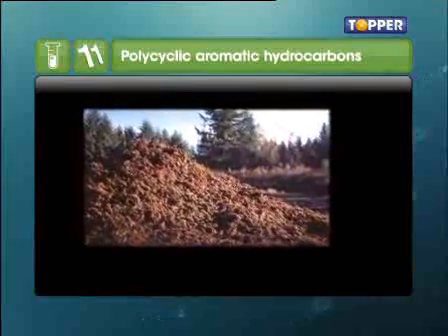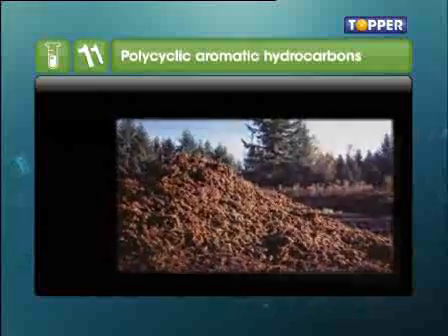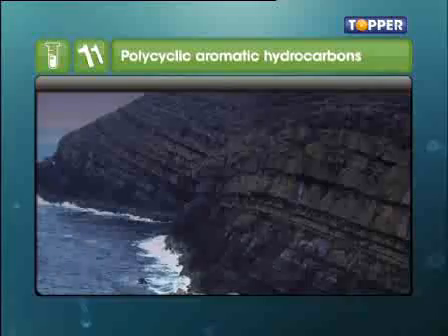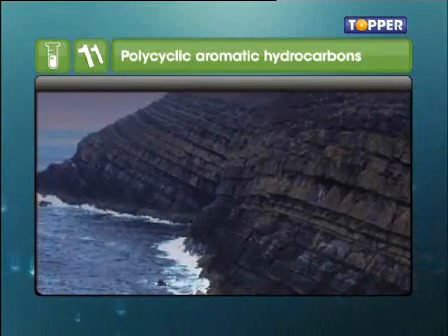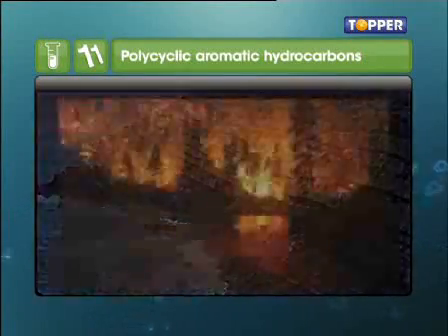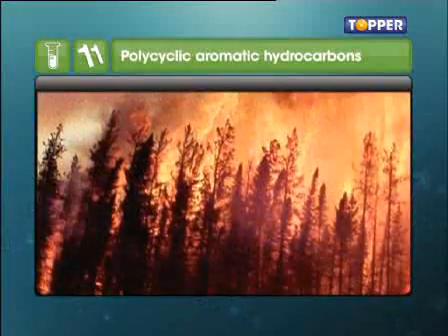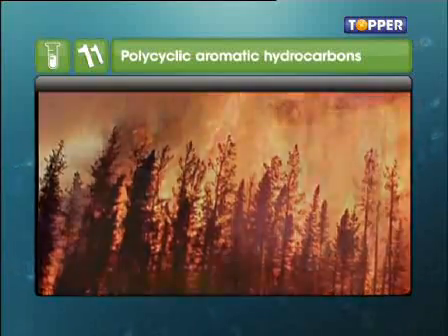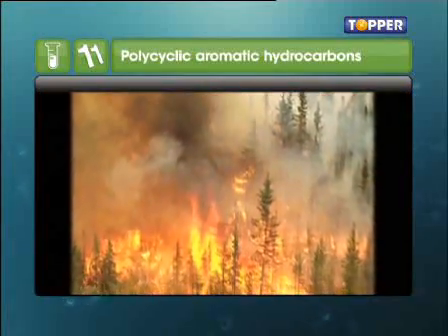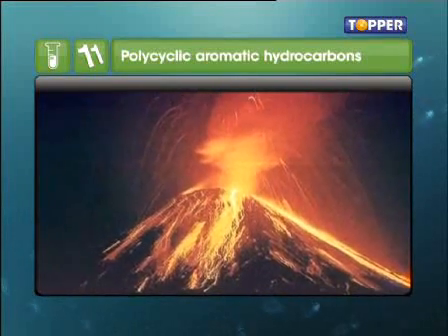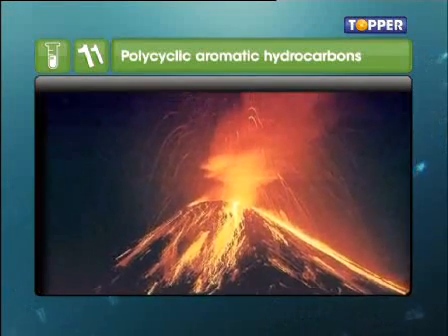In the environment, PAH are found primarily in soil, sediment, and oily substances. Polycyclic aromatic hydrocarbons can be formed from any naturally occurring fire, such as bush or forest fires. They are emitted from active volcanoes.